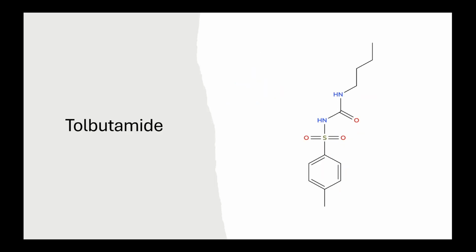Here on the screen is an actual drug. This is tolbutamide. Can you look for a benzylic carbon? So this is not a benzylic carbon because this is a sulfur. This, on the other hand, is a benzylic carbon. It would be turned into an alcohol.